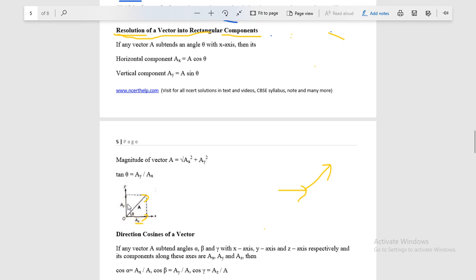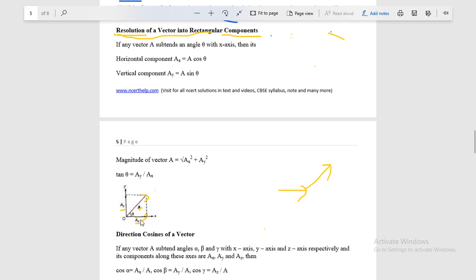These two are known as the rectangular components of vector A, rectangular because these two are perpendicular to each other. You can see here, this AX and this AY are perpendicular to each other.